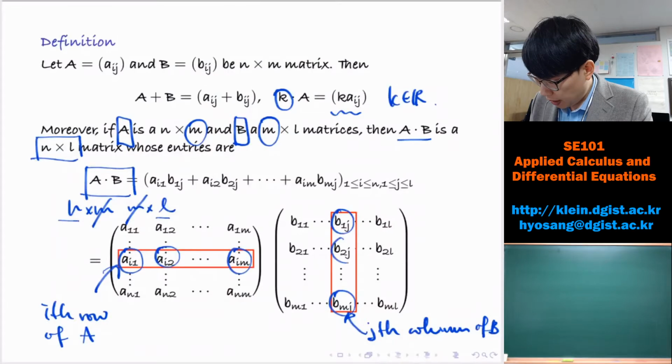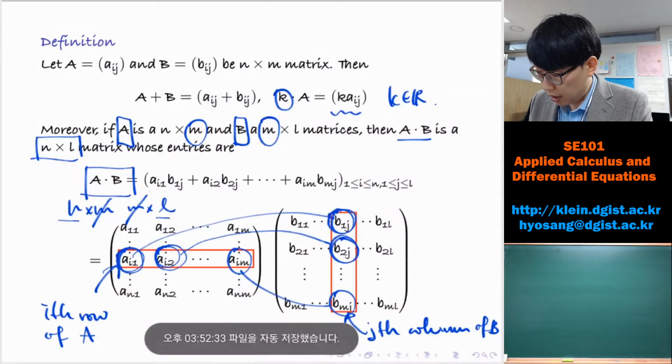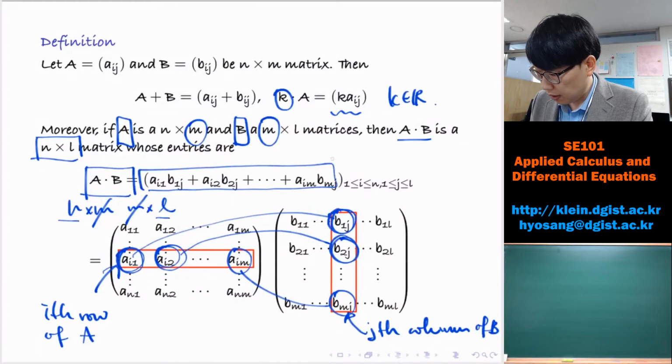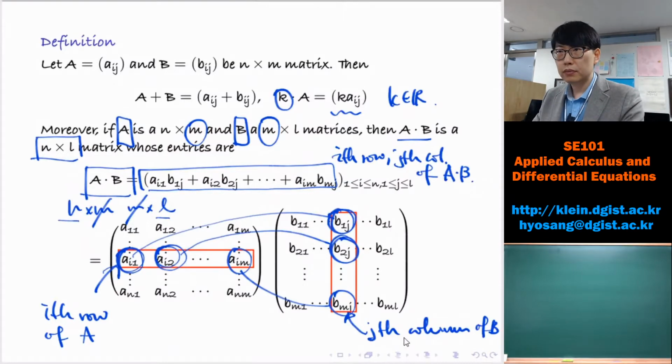So you multiply a_i1 and b_1j together, and a_i2 and b_2j together, up to a_im and b_mj, and then add them together. That is the ith row, jth column entry of A times B. Let me give an example.